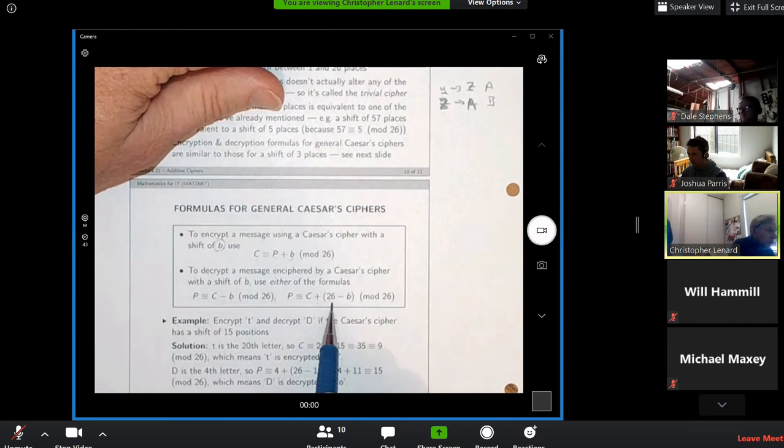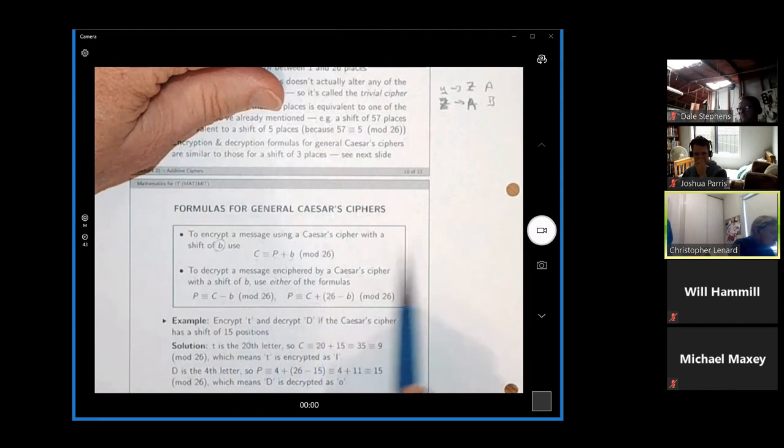They were equivalent. Suppose B was 6, suppose I wanted to shift forward 6. How do I decrypt? I shift backward 6, which is the same thing as shifting forward by 26 minus 6, which is 20. So shifting back 6 is the same thing as shifting forward 20.